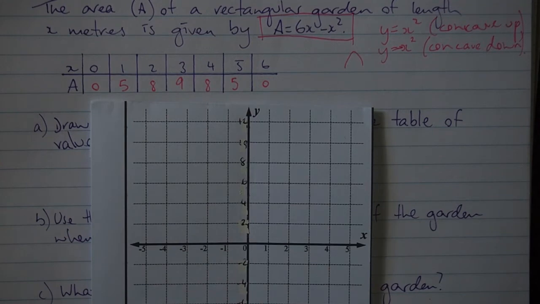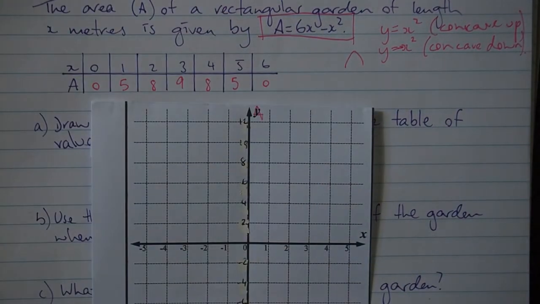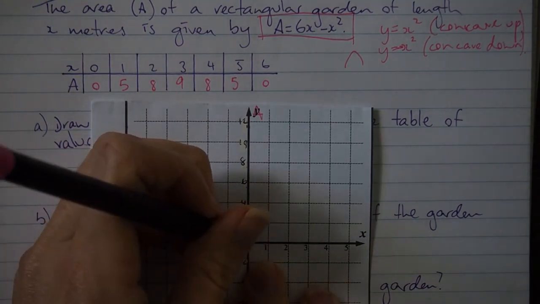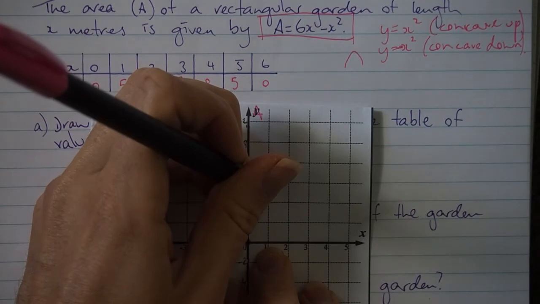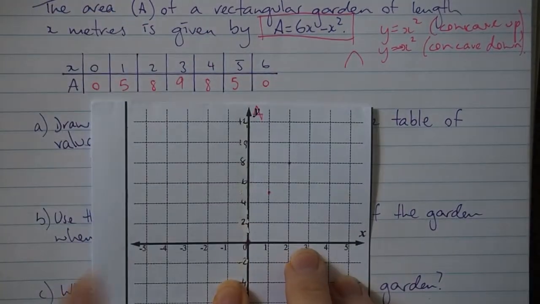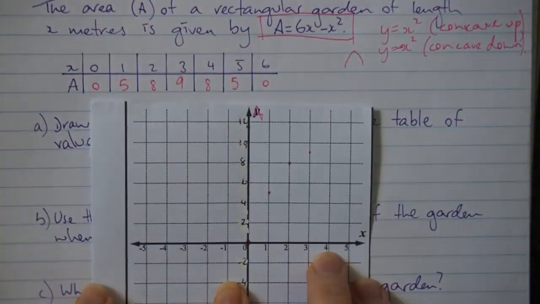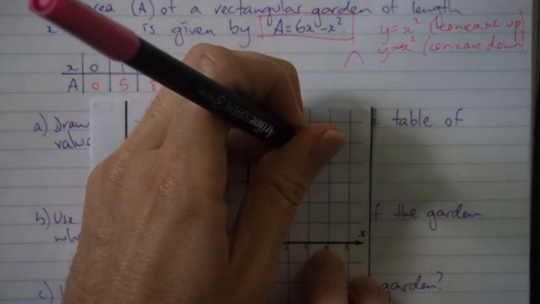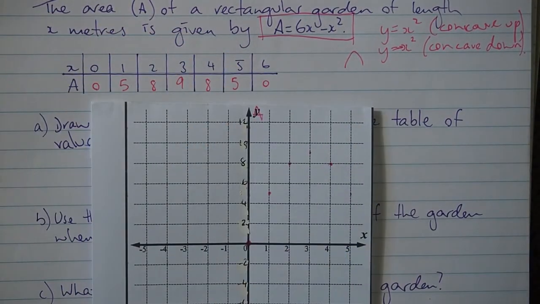So when x is 0, A is 0. So this is my A. Instead of y, I've got A. So 0, 0; 1, 5; 2, 8; 3, 9; 4, 8; 5, 5; and 6, 0, but that's okay.